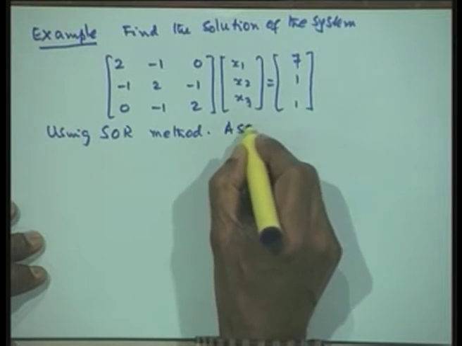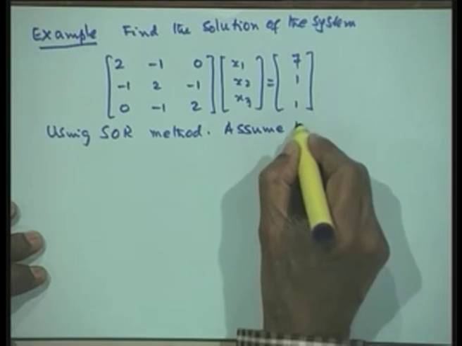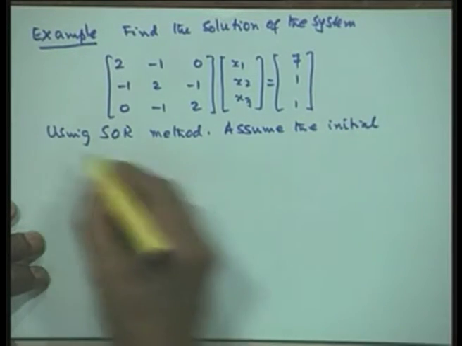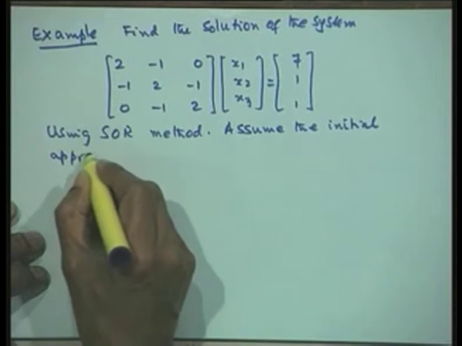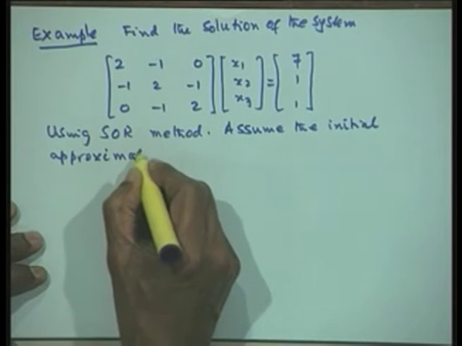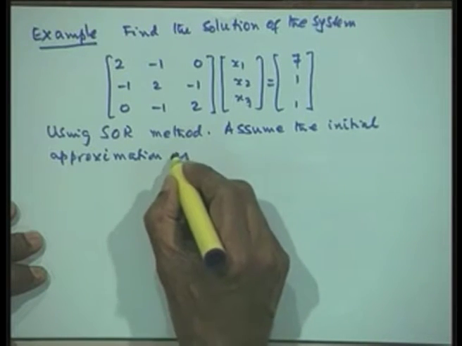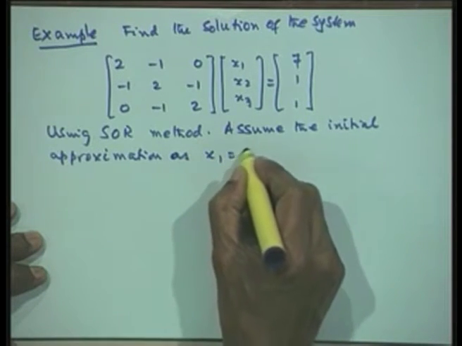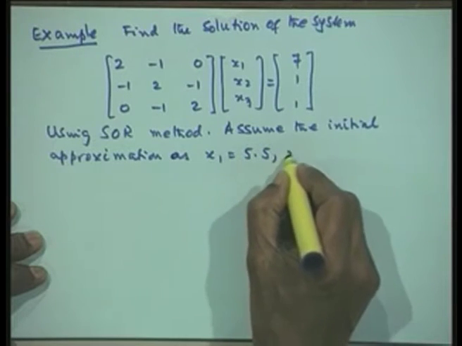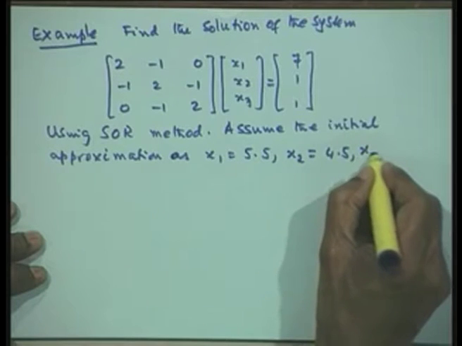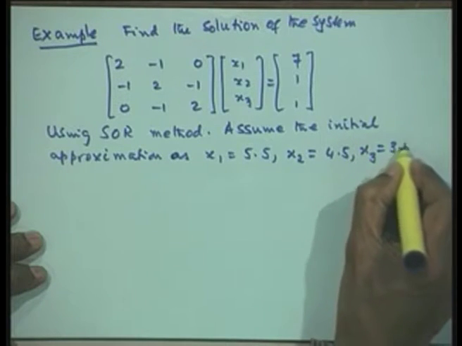Assume the initial approximation as x1 is equal to 5.5, x2 is equal to 4.5, x3 is equal to 3.5.